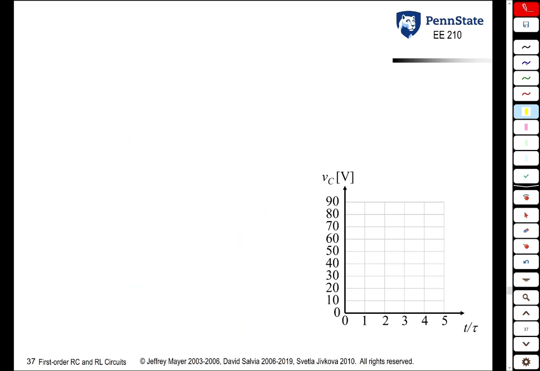Continuing on, we can now find an expression for VC of t. It equals what? Before the discontinuity in the circuit, before the change in the circuit, it's 90 volts, a DC steady state value.